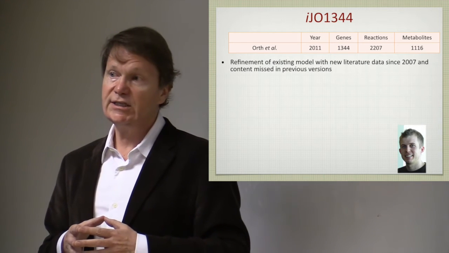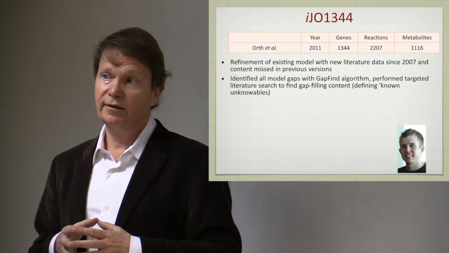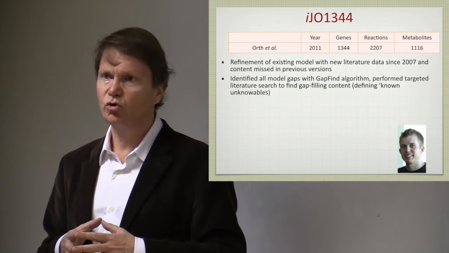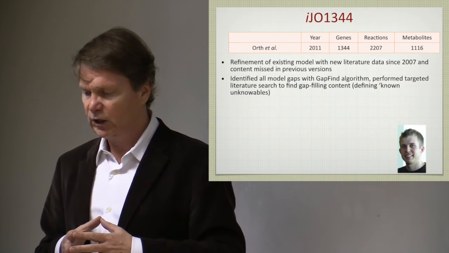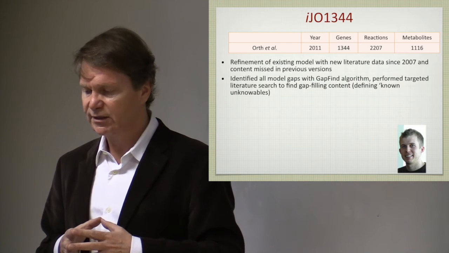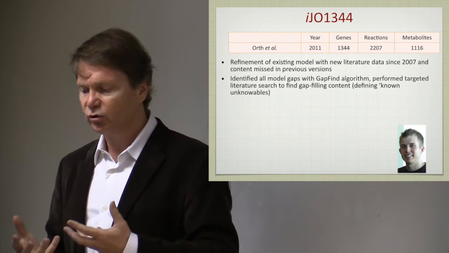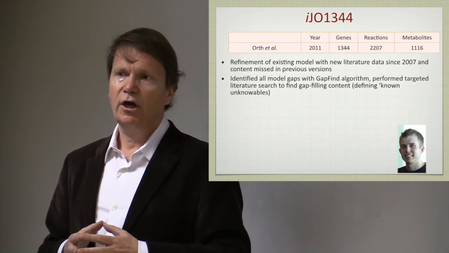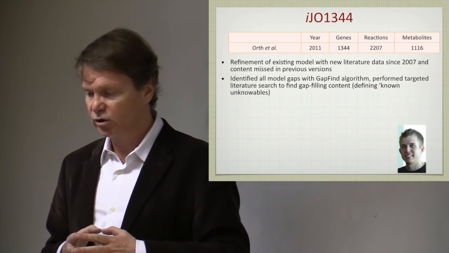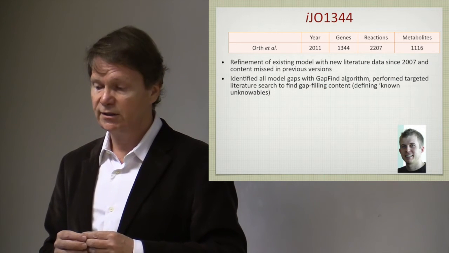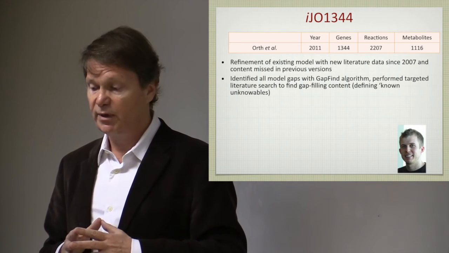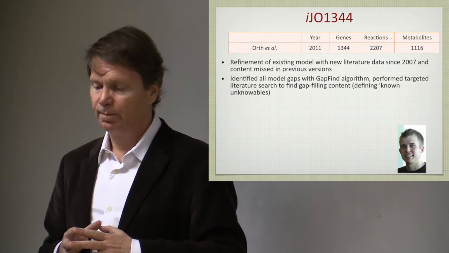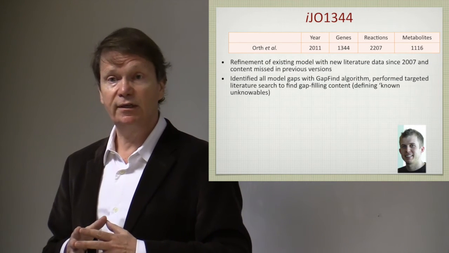He then systematically calculated, using new algorithms called gap fill, gap find, and so forth that have come out of Costas Maranas' laboratory at Penn State. He applied those to figure out comprehensively hypotheses for gap filling, and some of those have been pursued in the lab since then. And in fact, there was a paper in PNAS a couple of weeks ago based on addressing those gaps.